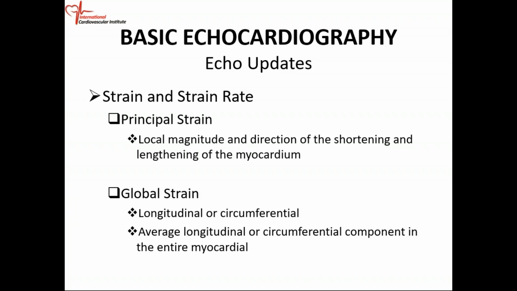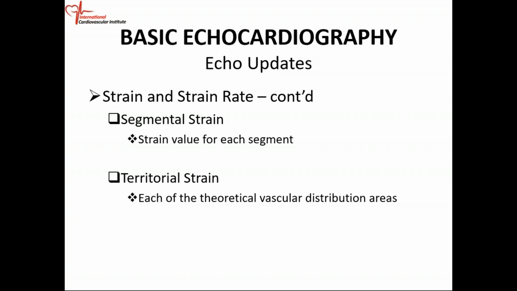And we usually use global longitudinal strain. So what you do, you take a segment. We divide the heart into different segments, and you can get the strain value for the different segments.